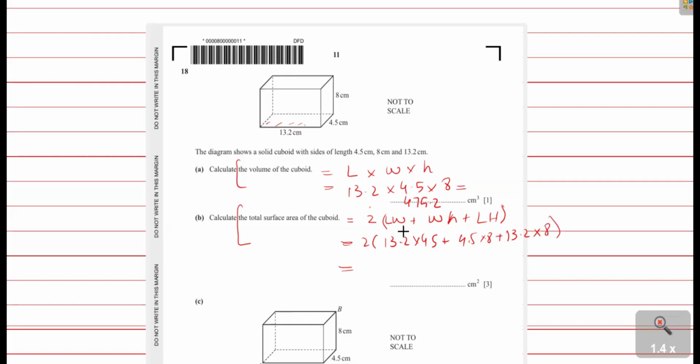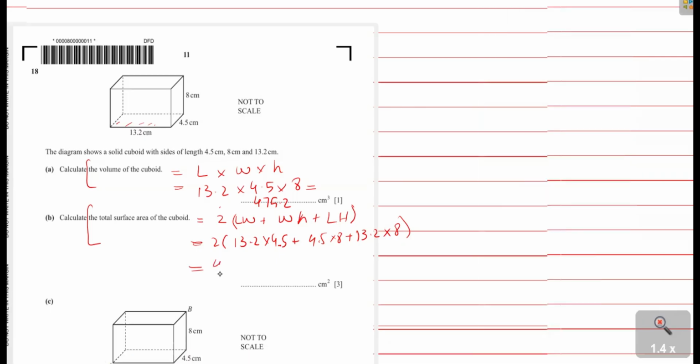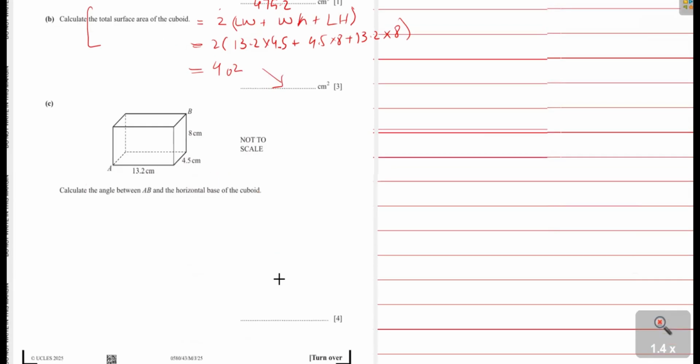And we can calculate the value by using the calculator. Look here, 2 times (13.2 into 4.5 plus 4.5 into 8 plus 13.2 into 8), and this value is equal to 402, and we write 402 centimeter square is the answer.